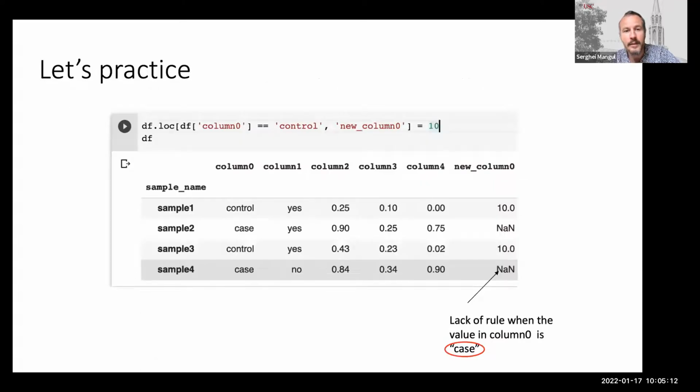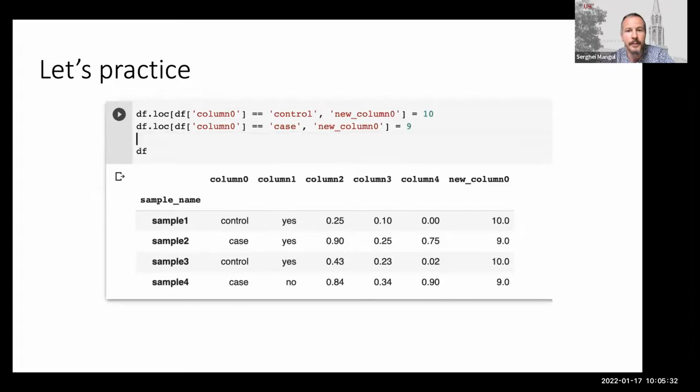Okay, so what was the problem with this? So when we write this kind of command, we only cover one type, one case. When things are controlled, how about the cases? We don't have a rule. So if there is no rule, we'll put an NA value, so like missing value, because there is no rule. So what do we need to do? We just need, again, I'm not giving you complex data structure, or complex command. We will survive with 2 commands.